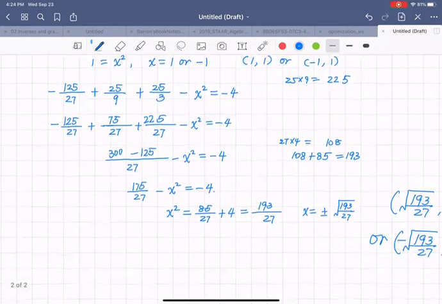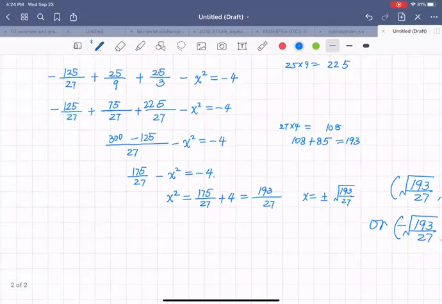And then x squared equals 175 plus 4, So this guy equals 175 plus 108, 283.